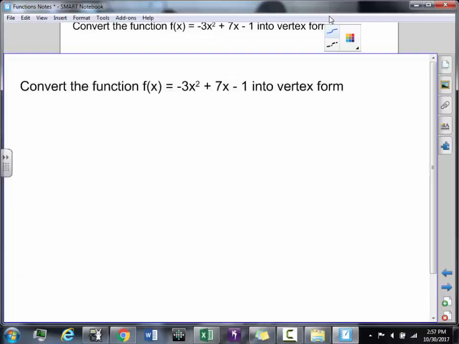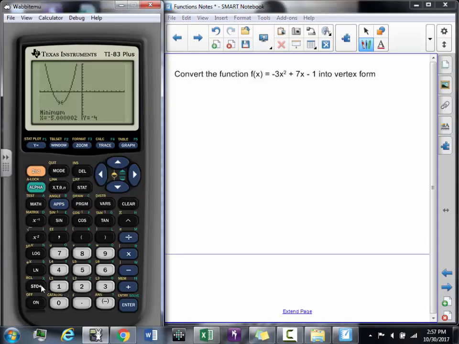Right, let me graph this one first. What guarantee is there that your vertex ends up being at like 3, 7? Well, there isn't any. It could be at something really gross, some sort of almost irrational number.